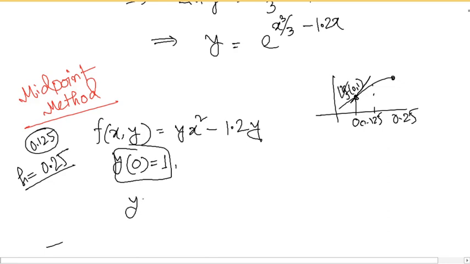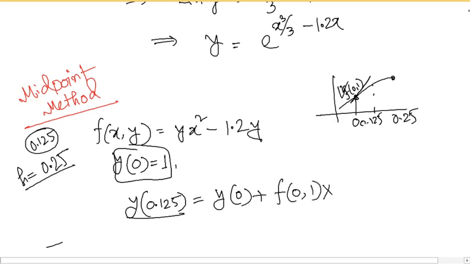If I want to calculate y at 0.125 using y0 plus f of 0, 1 times the step size, which will be halved here, so 0.125 will be used.